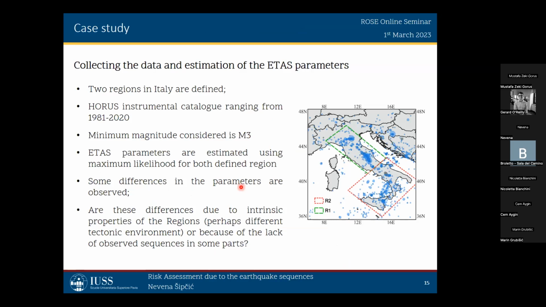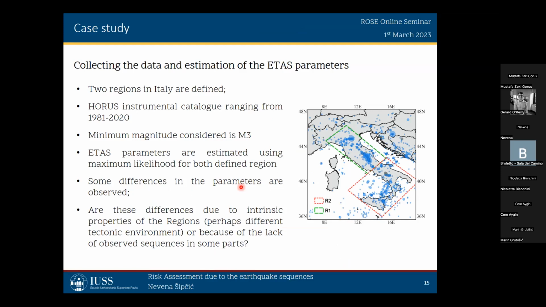So here I'm going to show the case study that we did. We defined two regions in Italy, one in the central part, which is this green box, and another one in the south, which is this pink box. We used the HORUS instrumental catalog, which spans from 1981 to 2020, with a minimum magnitude of 3.